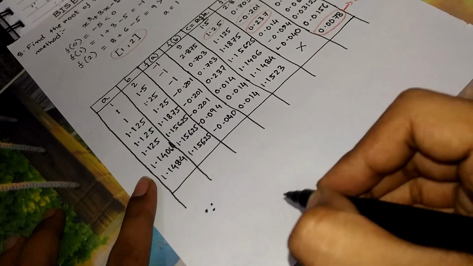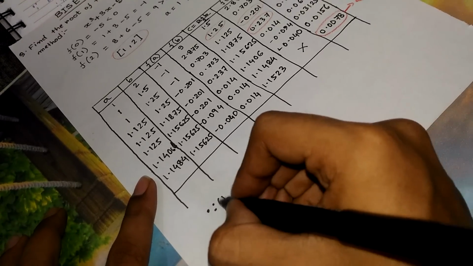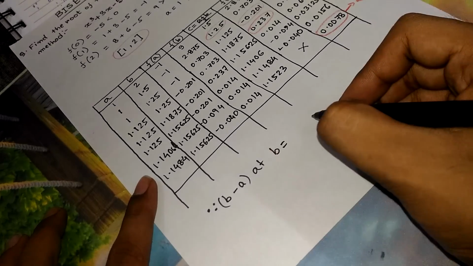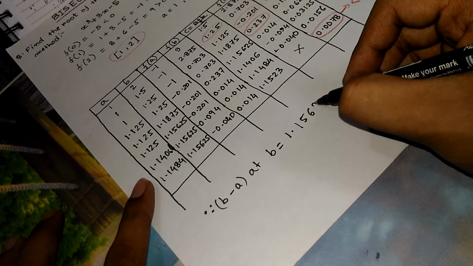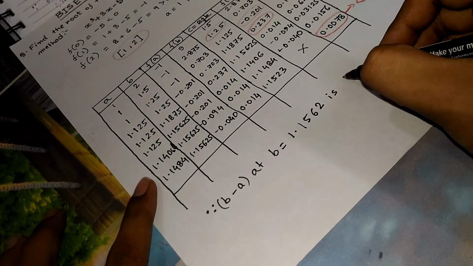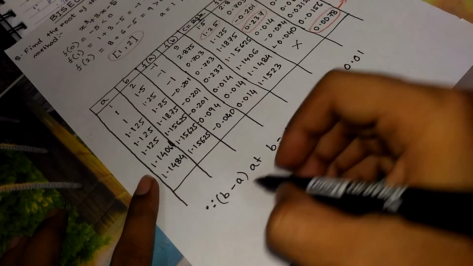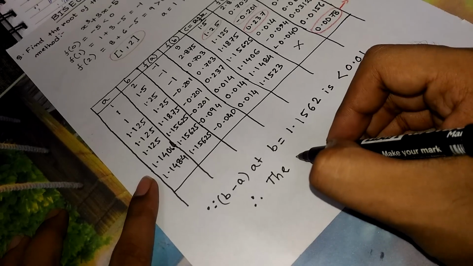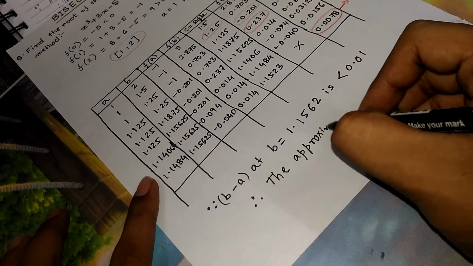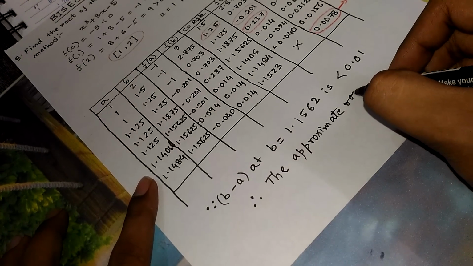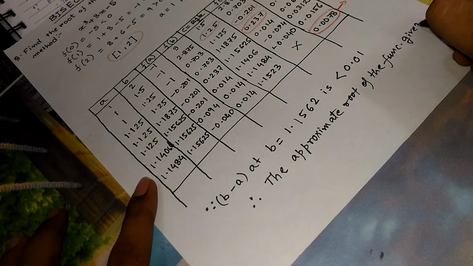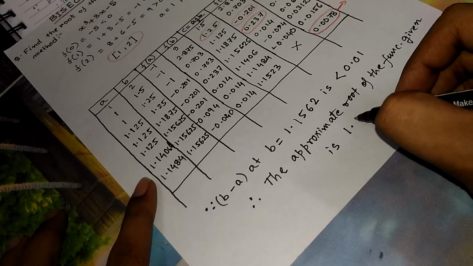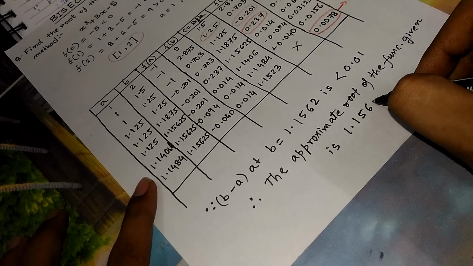Now, as the conclusion, we will write: since b minus a at b equals 1.1562 is less than 0.01, therefore the approximate root of the function given is 1.1562.